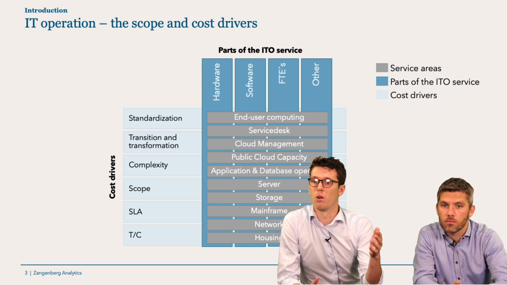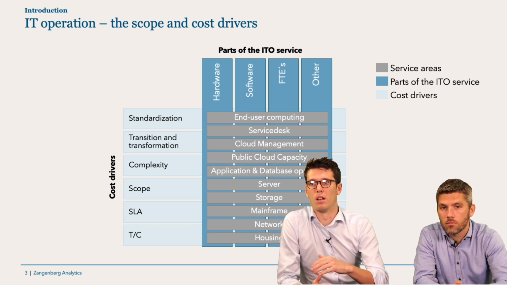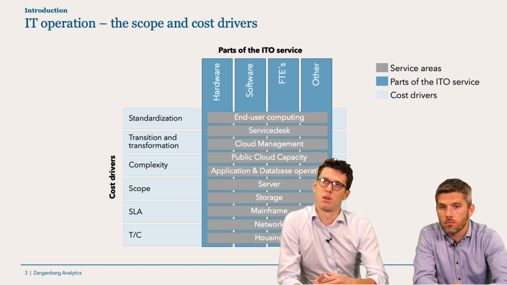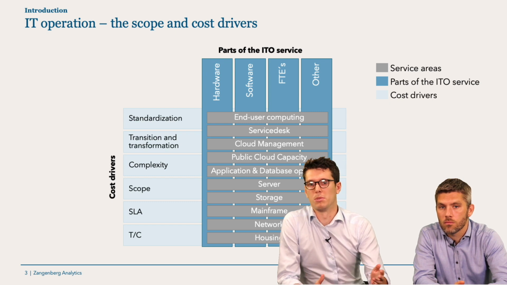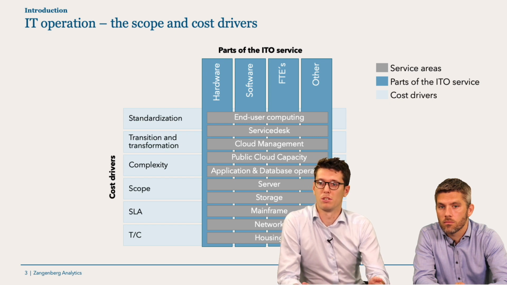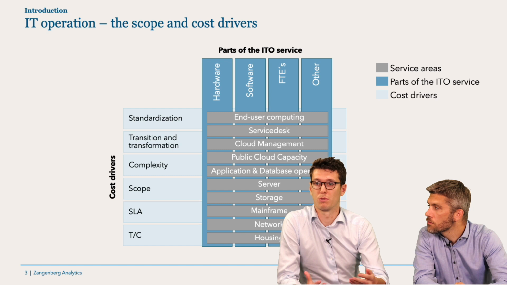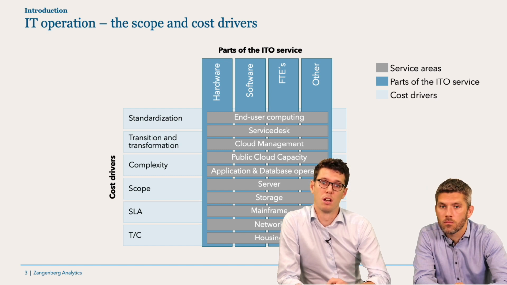But inside of all these service towers, as you may call them, there are a lot of different things which impact the price which you have to pay for the services. And this could be the degree of standardization, this could be the degree to which you have to transition versus transform your services.